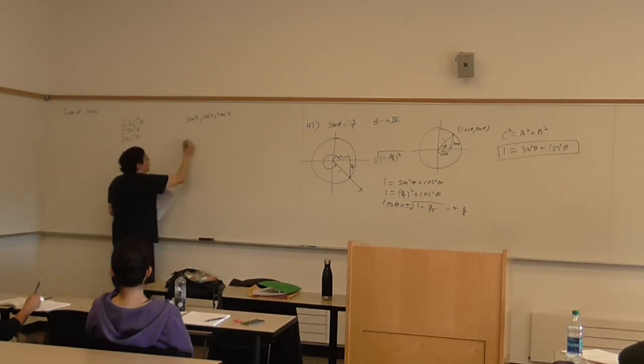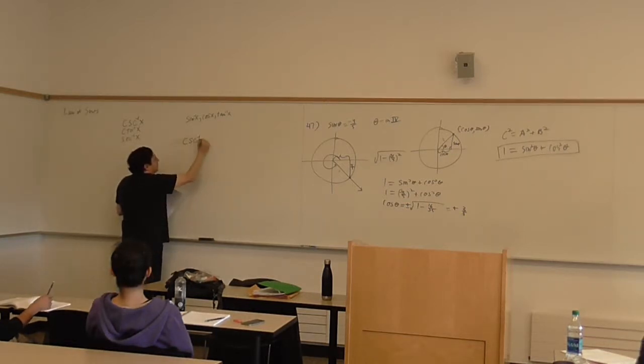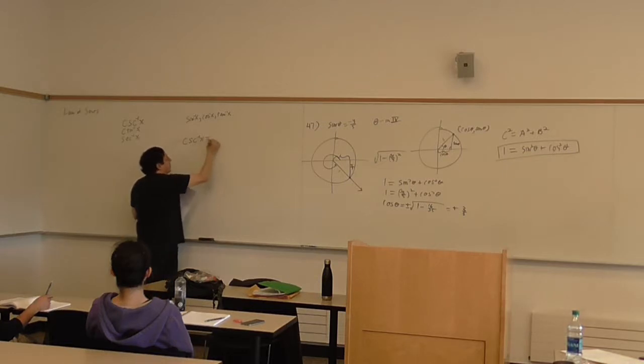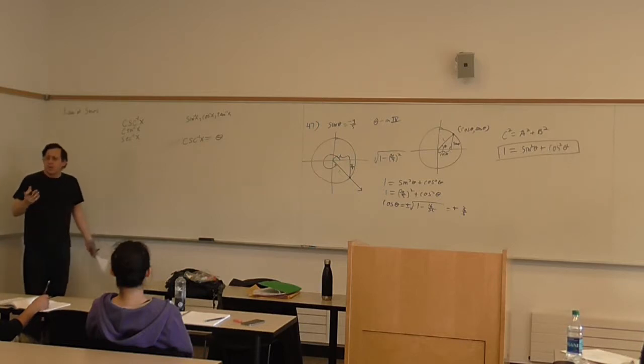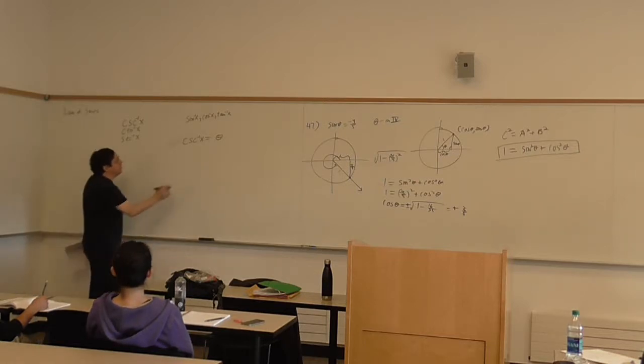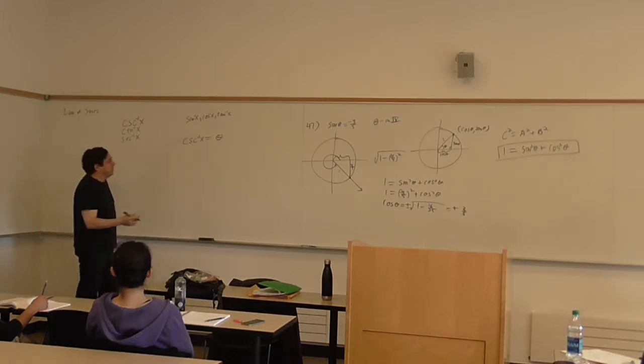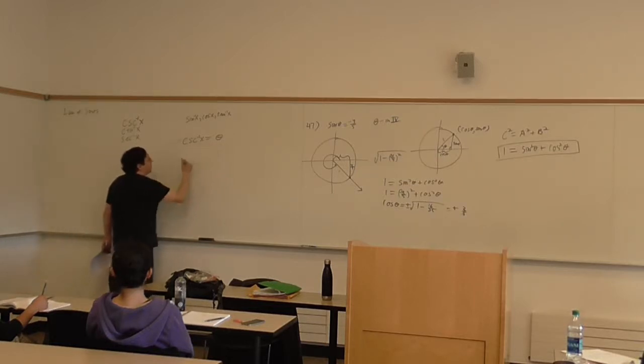Let's just start with the inverse cosecant, and we'll give it a name. We'll call it theta. We don't really know how to deal with the inverse cosecant, but we can get rid of it, because this is an inverse function, we can apply the function, the cosecant, to both sides of this equation.